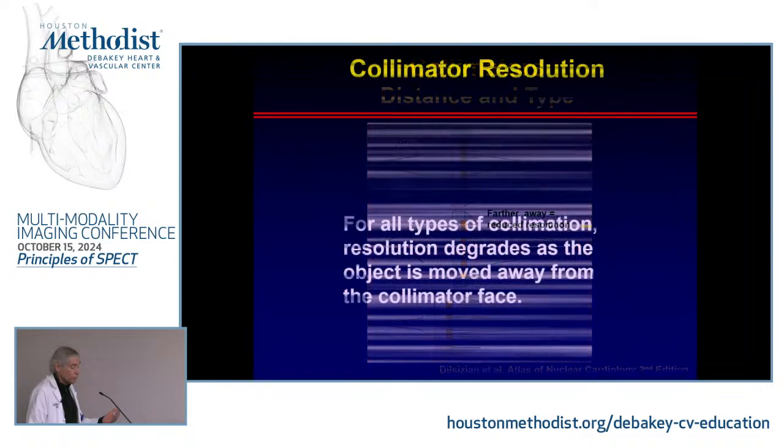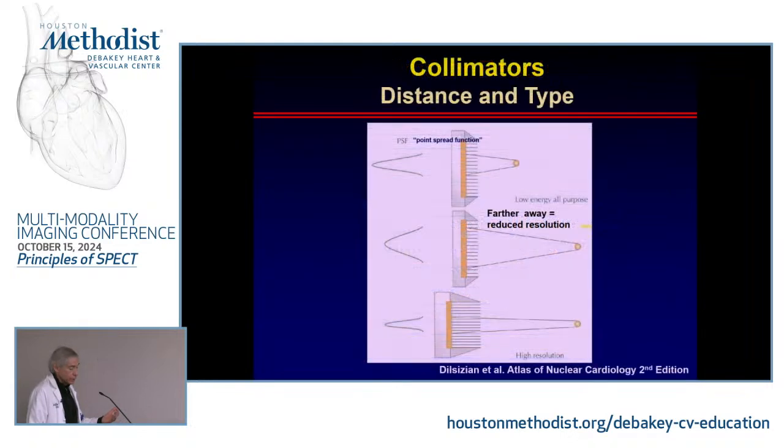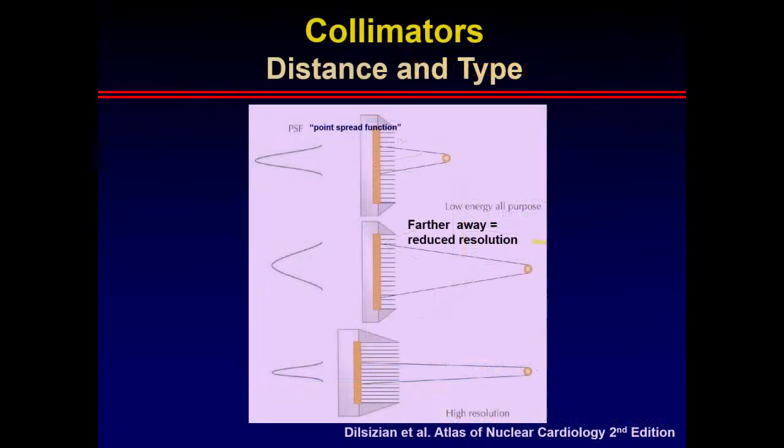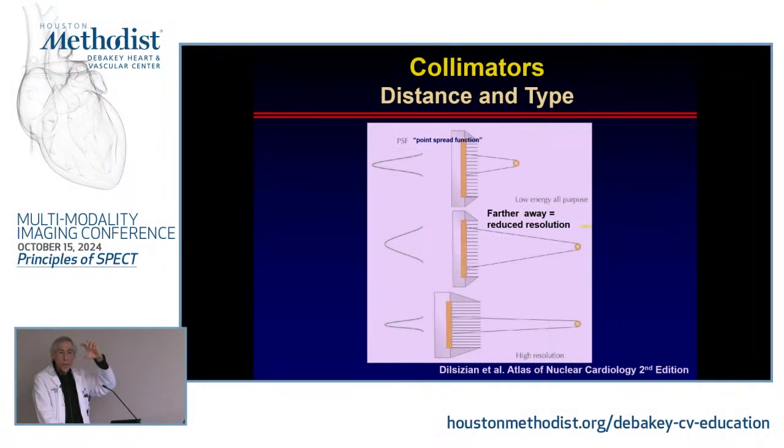But look at the bottom grid, and you can see this is going from a low energy collimator to a high energy collimator. Now you can see that even though on the third lower picture that point is still as far as it was in the middle one, the point spread function is very narrow because you have very, very small holes and longer lead septa, so that very few of the bad photons get through.